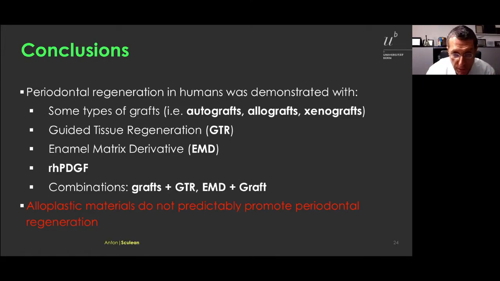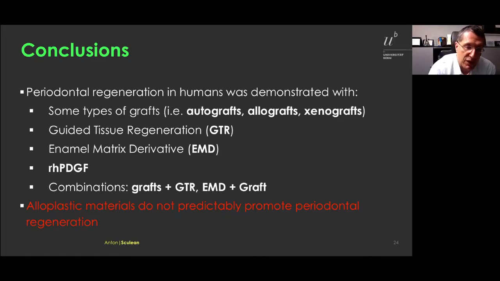Then we have recombinant platelet-derived growth factor, PDGF. It is the so-called GEM21. It's not available in Europe, but we have it in the United States, combined with a graft, and combinations between a graft and the membrane, or EMD and the graft.